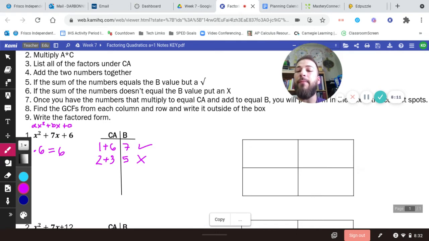We're splitting up our quadratic equation into two binomials, into two factors. Your A term goes in the top, your C term goes in the bottom. Our A term in this case is x squared. Our C term is 6. And then your C and your A make up the other two.